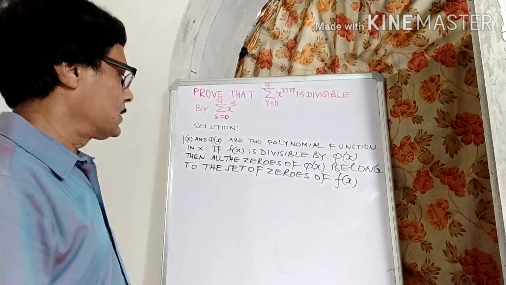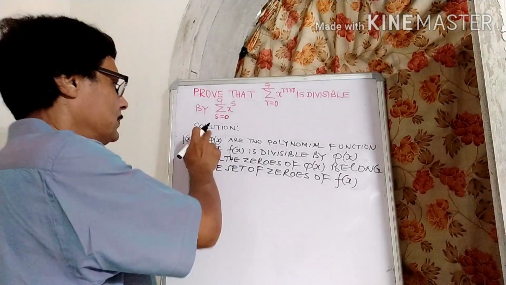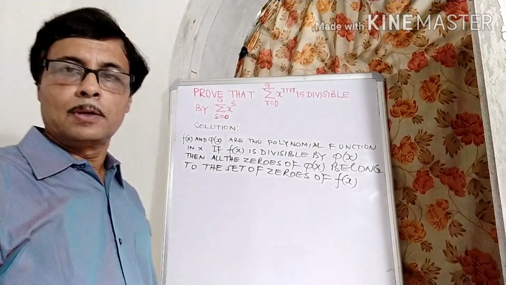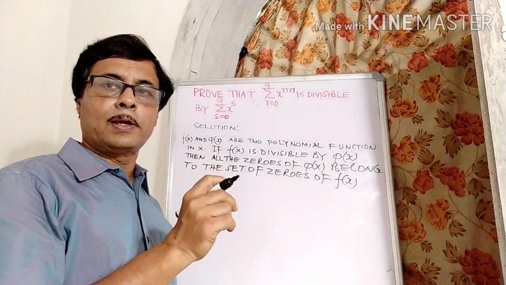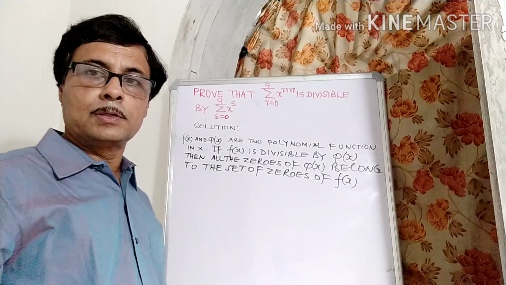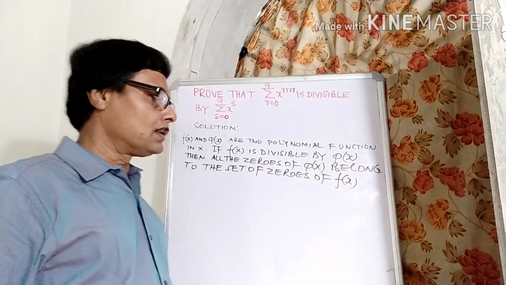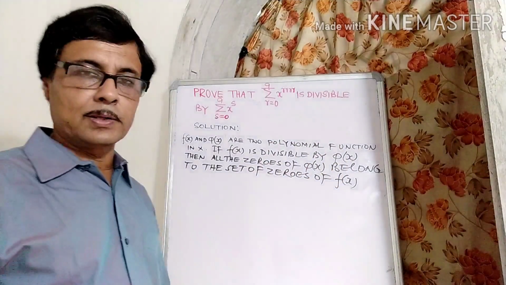This is the condition of divisibility. That is, for two polynomial functions f(x) and phi(x), f(x) is divisible by phi(x) if all zeros of phi(x) belong to the set of zeros of f(x). Then we can say f(x) is divisible by phi(x).